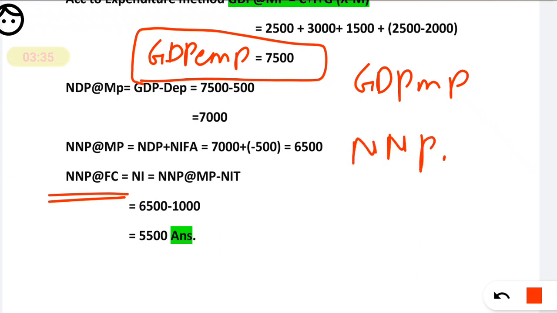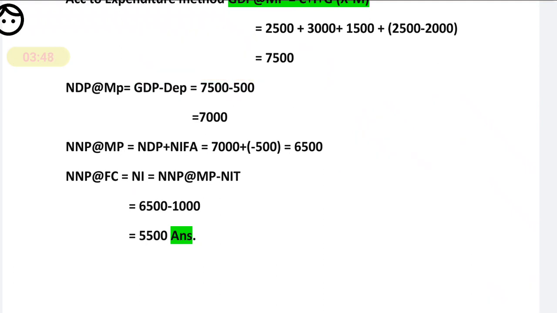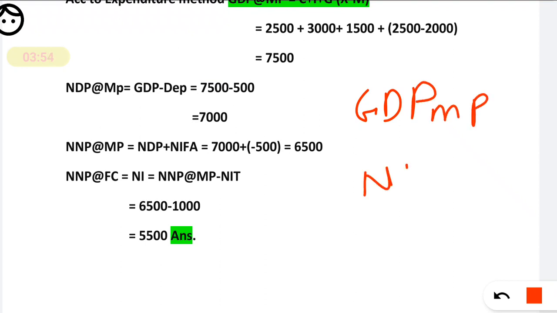How? From gross you are moving to net. See here, instead of the NNP, first we calculate the NDP.